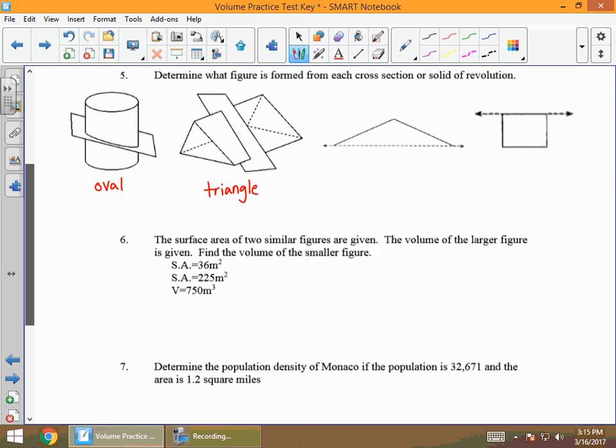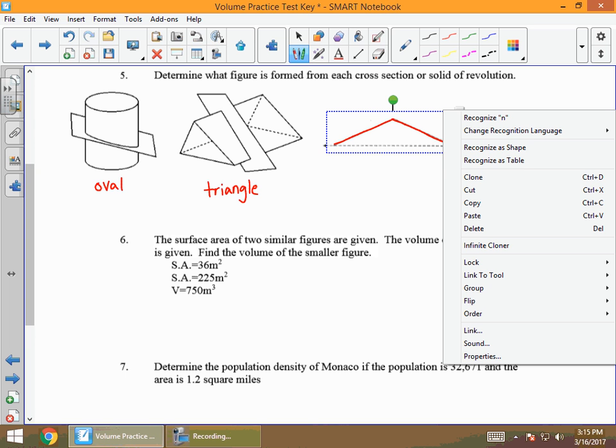Number 5 gives us a two-dimensional figure that we're going to rotate around that axis. And what is going to happen here, and I'm going to just kind of superimpose this over the top. And let's flip this thing.